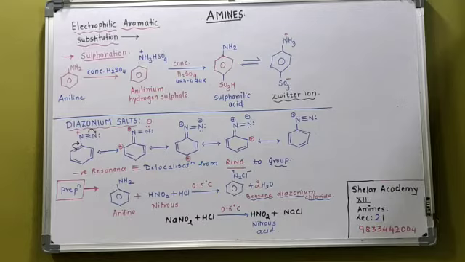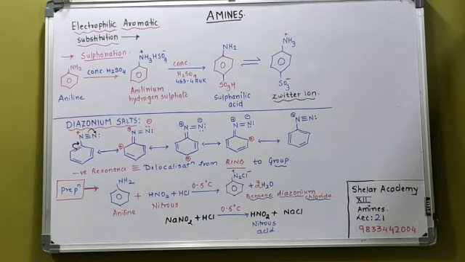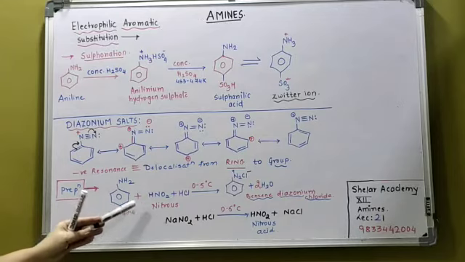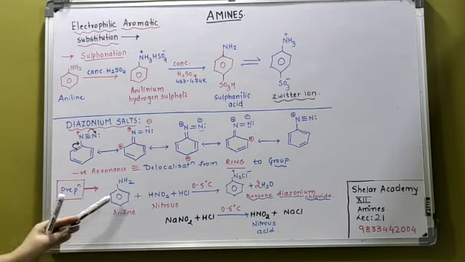It is prepared by sodium nitrite, NaNO2, reacting with HCl. The temperature will always be 0 to 5 degrees. You get nitrous acid that is freshly prepared, and then you react it with HCl.